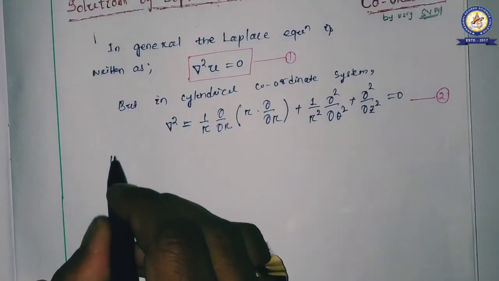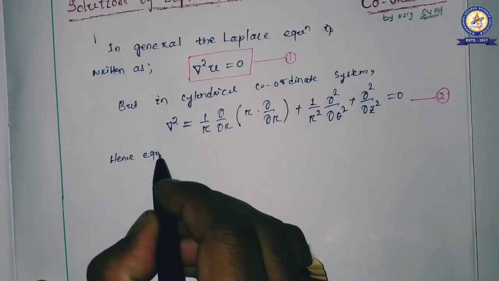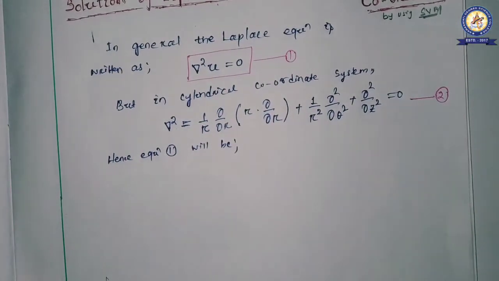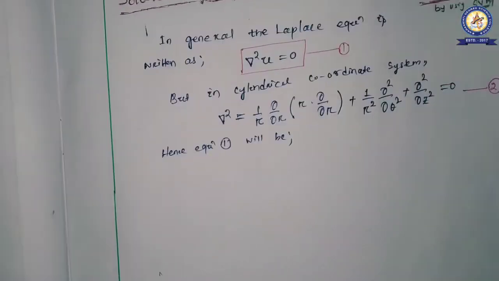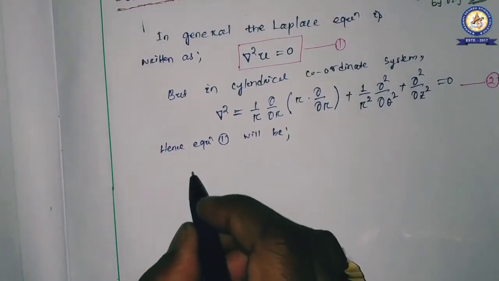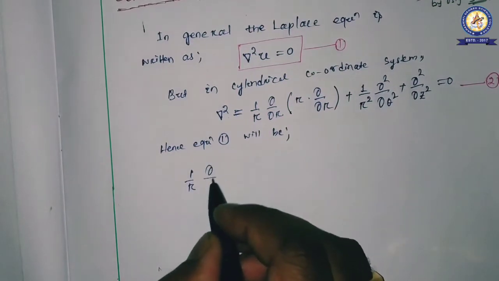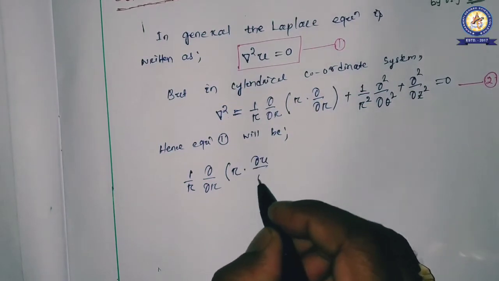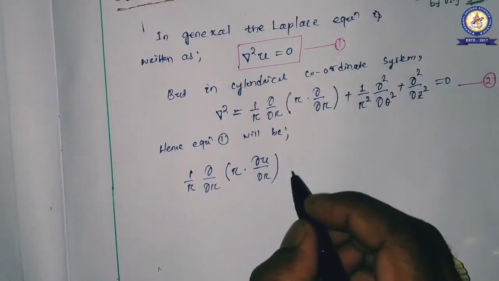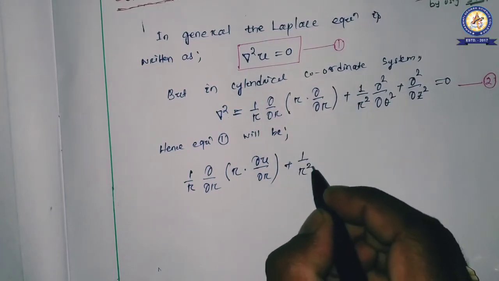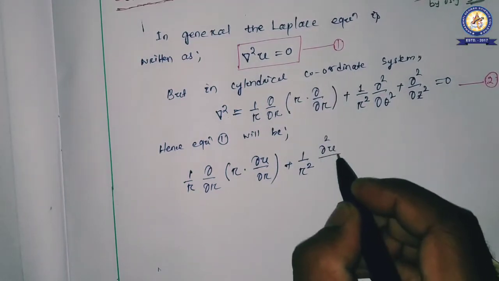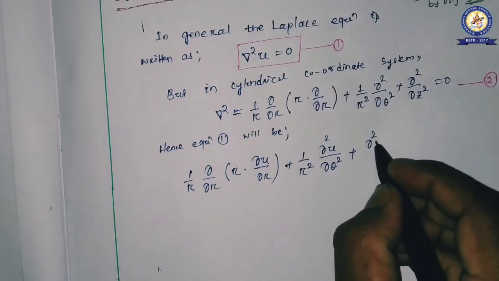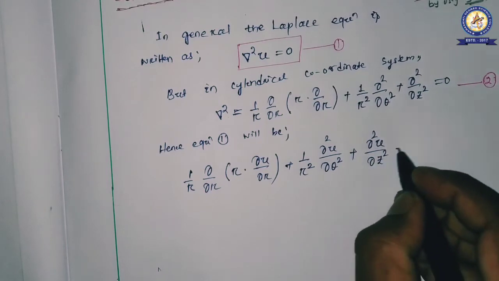So hence equation number 1 will be: 1 by r del by del r into del u by del r, plus 1 by r square del square u by del theta square, plus del square u by del z square equal to 0.